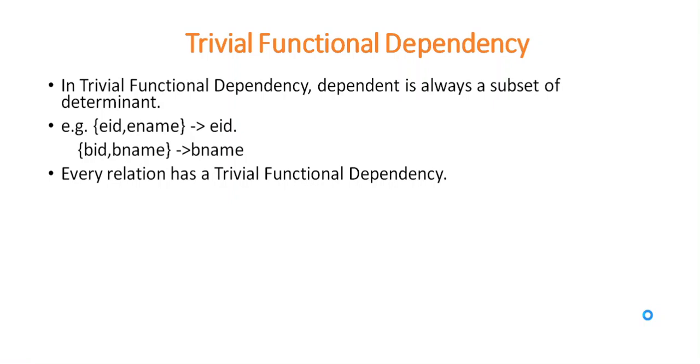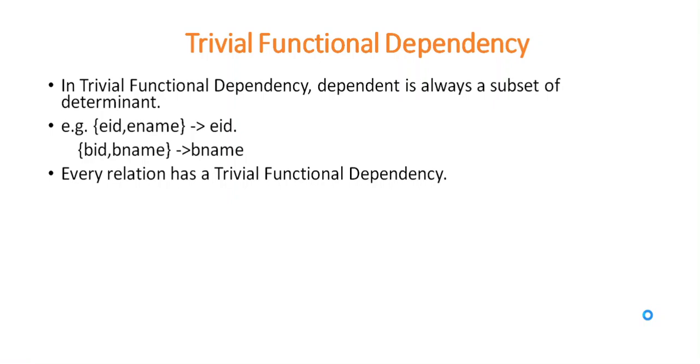Again, take one example, employee ID and e-name. This key is determining employee ID. So here the left side of the arrow, that is employee ID and e-name, is the determinant, and the right side of the arrow, that is employee ID, is the dependent. So this dependent is a subset of the determinant. So we can say that this is a trivial functional dependency.